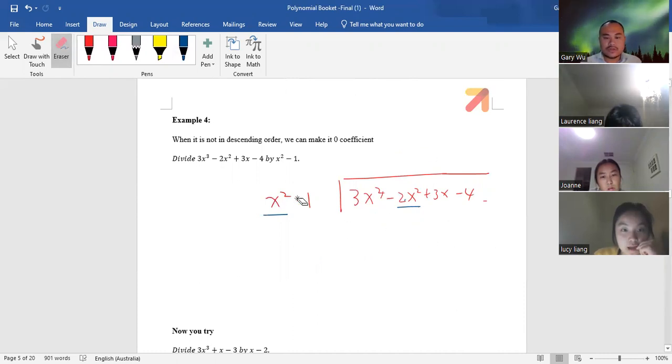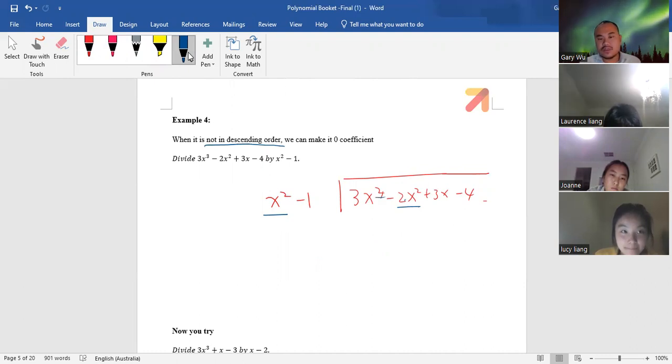For this kind of question, if it's not in descending order, because we know this is in descending order, 3, 2, 1, 0, right? But this one is not in descending order. What we can do is make the missing term have a 0 coefficient. So x squared minus 0x minus 1. It would still be the same as the previous one, right?